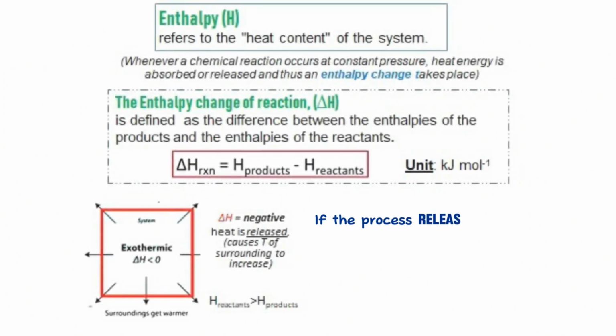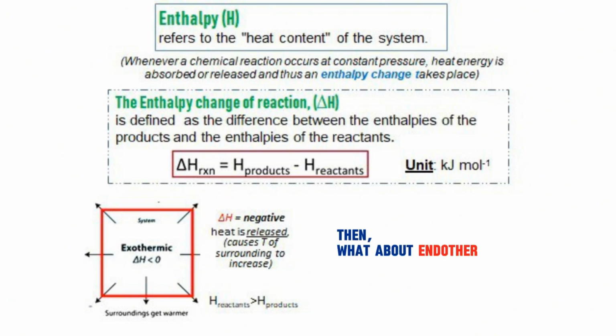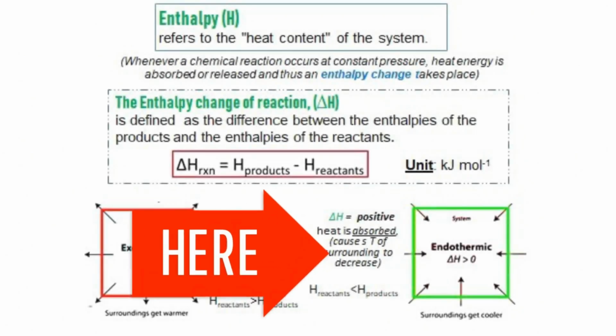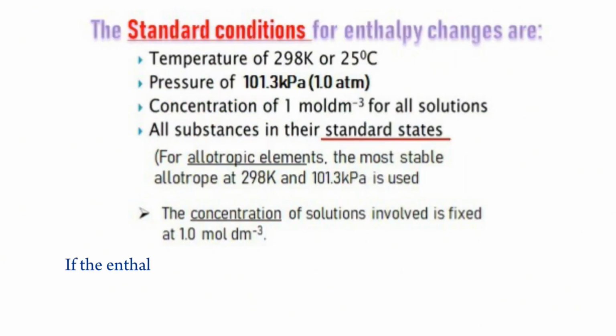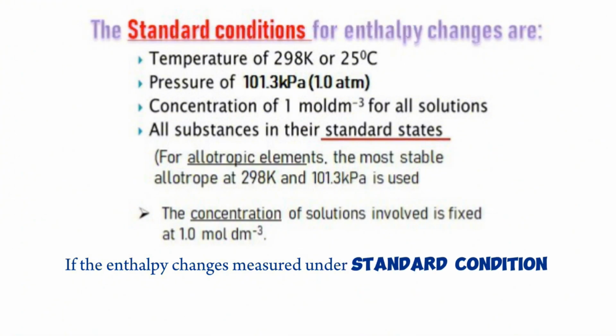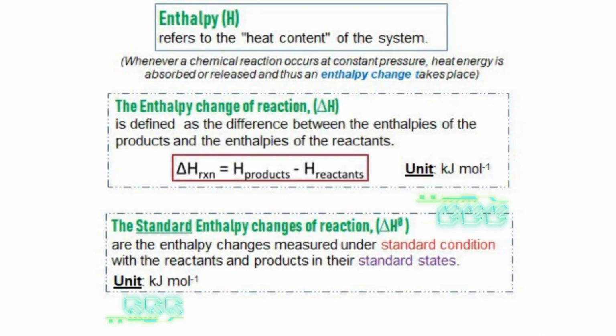If the process releases more energy than it took to start the reaction, it is exothermic and has a negative enthalpy change. If the enthalpy change is measured under standard conditions with the reactants and products in their standard states, we call this the standard enthalpy change of reaction.